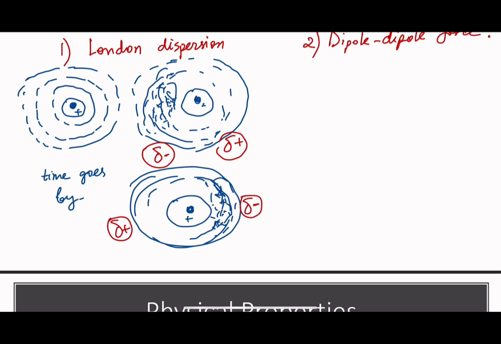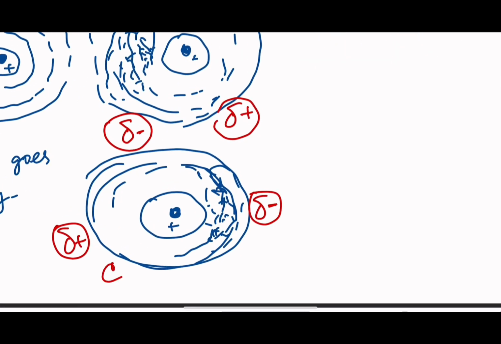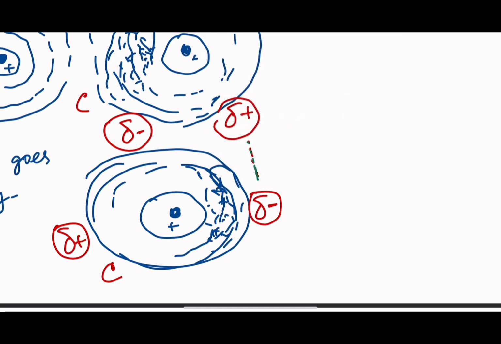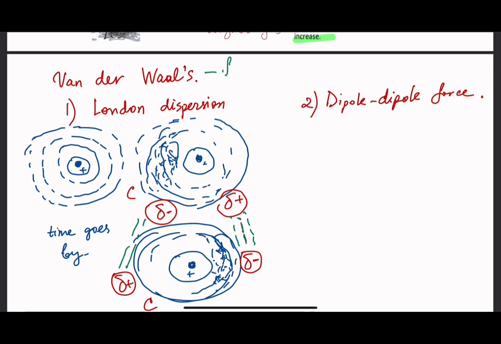This is the same type of atom, let's say they are both carbon atoms. So this attracts the other one. That's why we have a weak intermolecular force. This is the force between two or more molecules.